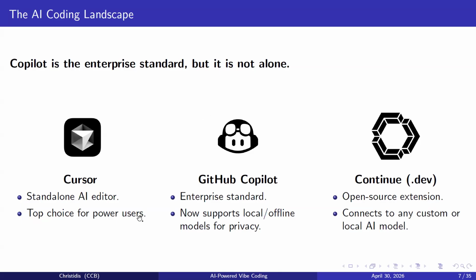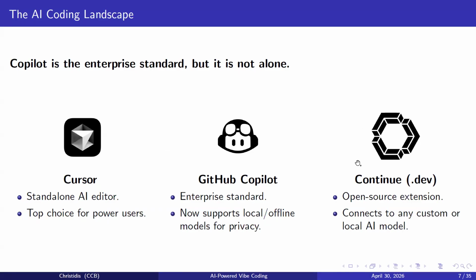As I was mentioning, I was talking to Nicholas before we started the seminar, but you can pretty much access all the top models through GitHub Copilot. And on top of that, it also supports local or offline models for privacy. So if you're dealing with sensitive data, you can launch an Ollama model or a local instance, and then you can use that as the LLM backend when you're doing data science. Which is great.